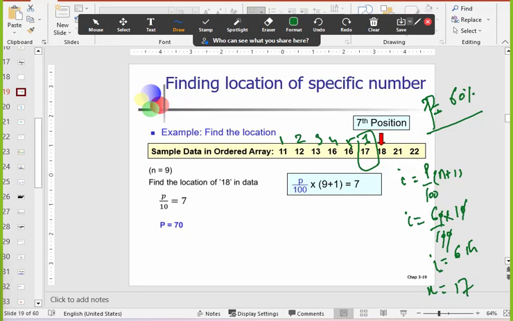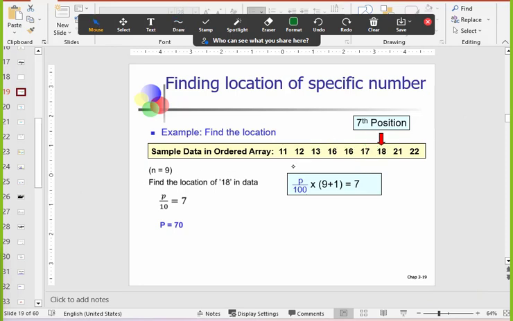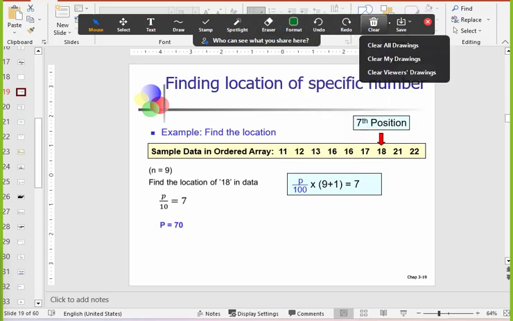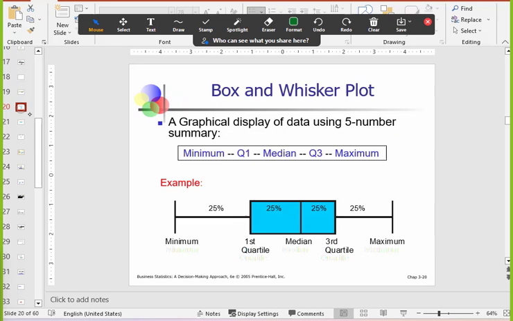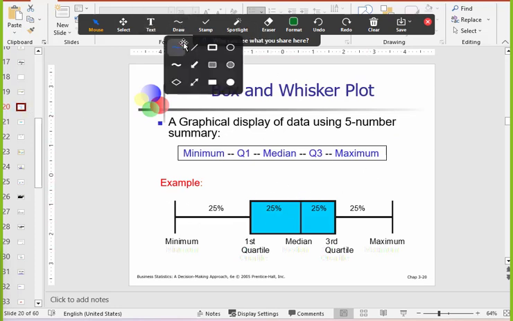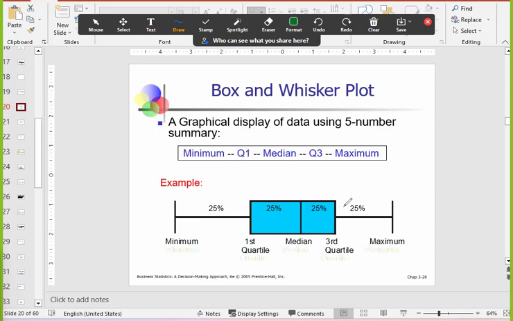Now we will move towards some other applications of percentiles. If we are able to calculate percentiles, what we can do is we can make a box plot. This is a box plot diagram. On the number line, first of all we draw this and write the lowest value here, minimum, and highest value here, and we calculate the median.